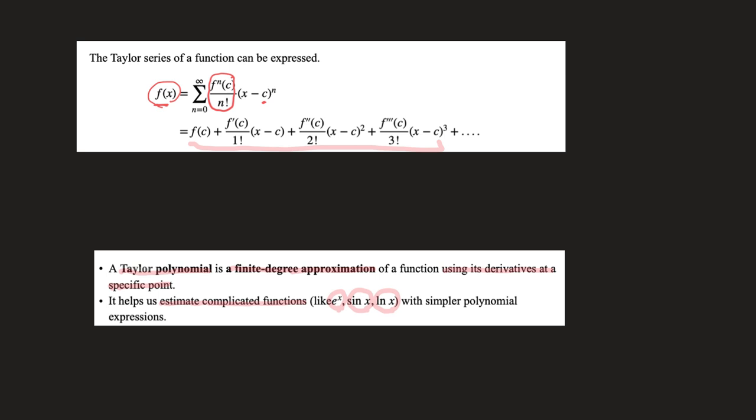You may wonder how a calculator finds, let's say, e to the 2, cosine 1.5, or ln 2. How does it calculate the value of each function? It uses the algorithm of Taylor polynomials. Let's get started with Taylor polynomials.